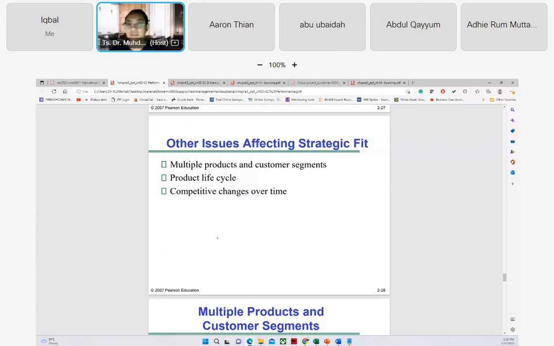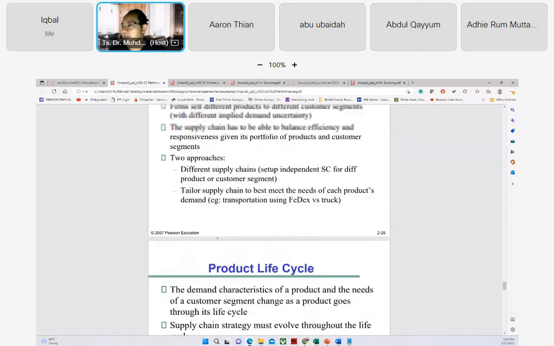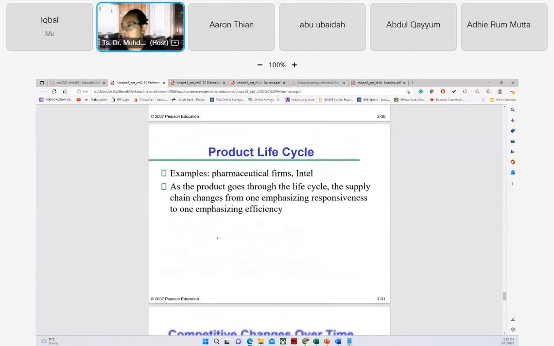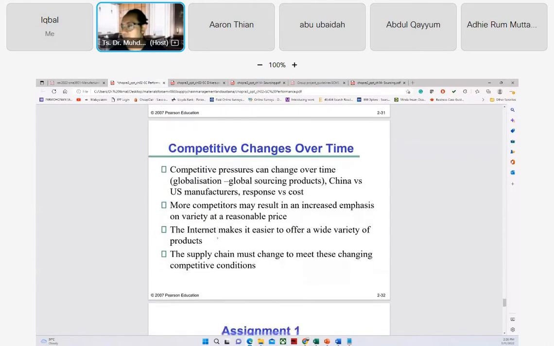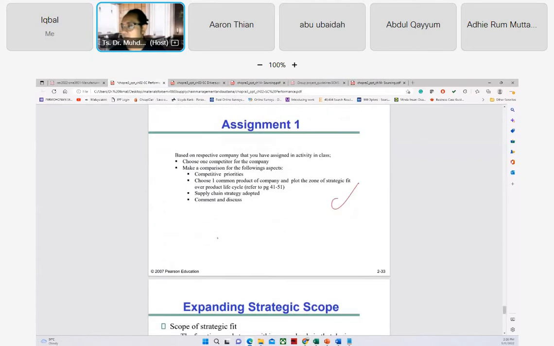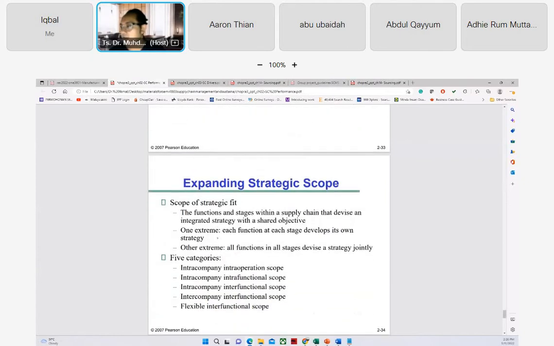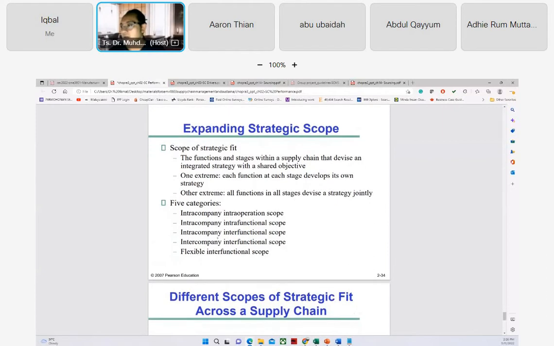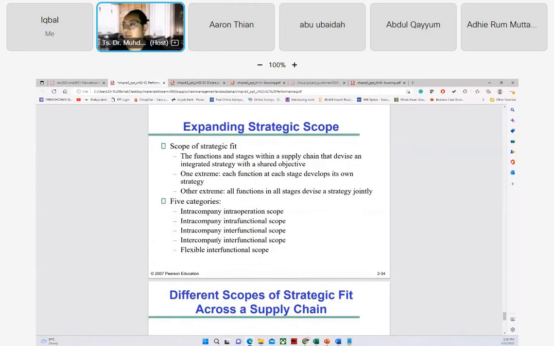So there is the product life cycle, and also competitive change over time. And then how you want to expand your strategic scope. Scope of strategy, there's a lot of relation through the system in the company.